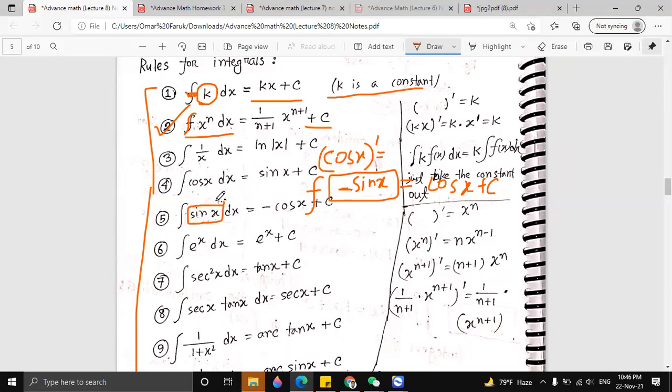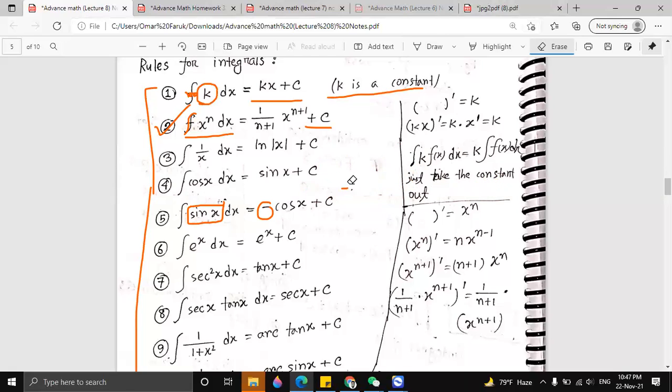That's why we get this minus sign here. Or you can imagine this minus goes to the opposite side and we get minus cos x. If you differentiate sin x, then it will be cos x, but if you differentiate cos x, then it will be minus sin x. Am I right? Right.